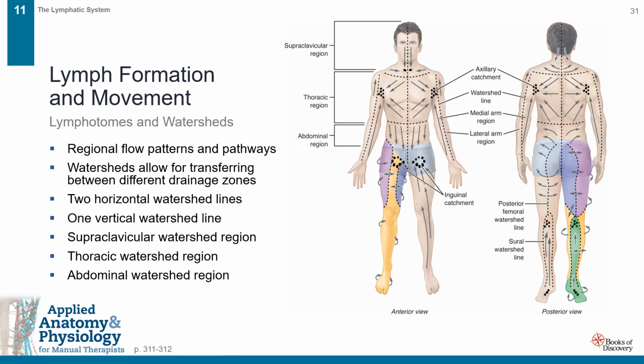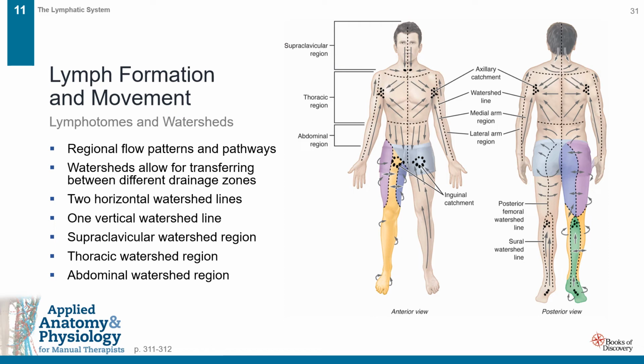For example, lymphodomes in the medial and central tissue regions of the arm carry lymph into the axillary catchment, but lymphodomes on the lateral aspect of the arm bypass the axillary catchment and carry lymph flow posteriorly around the shoulder and directly into the lymphatic trunks and ducts.